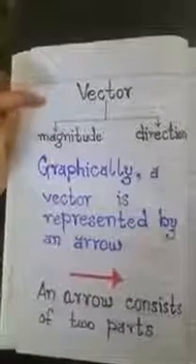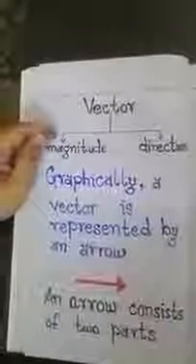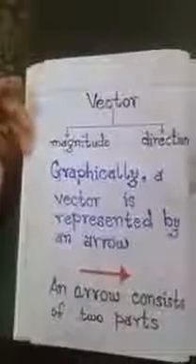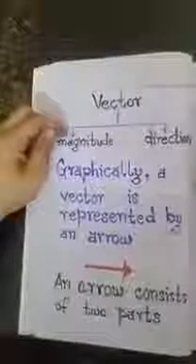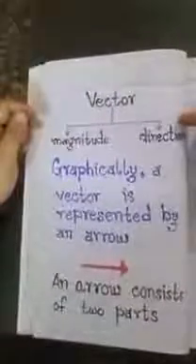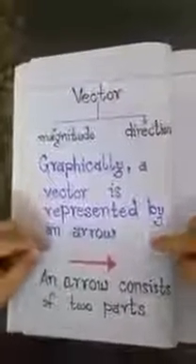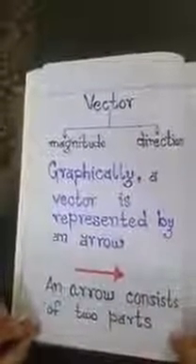Students, now I am revising some important points of the lecture again. Dear students, a vector contains two pieces of information. One is its magnitude and the other is its direction. Or you can simply say that a vector is completely defined by its magnitude as well as its direction. Graphically, a vector is represented by an arrow. An arrow consists of two parts.